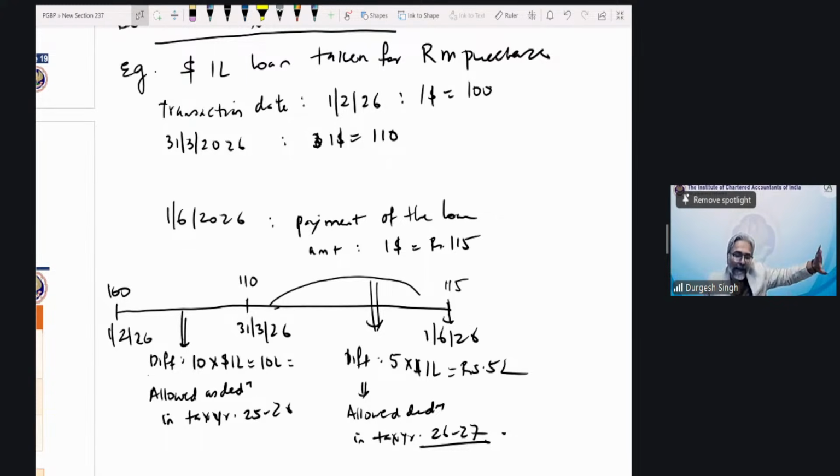No recognition in tax year 25-26, and full recognition in tax year 26-27. That is from 100 to 115, the difference is 15, which is rupees 15 lakhs. And how to recognize, whether as a deduction or capitalization? Capitalization. I hope that by virtue of this, friends, all of you are very clear. And this wraps up this particular concept of 42 read with section 43 and ICDS number 6.